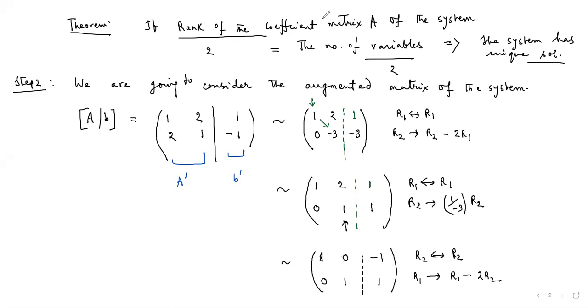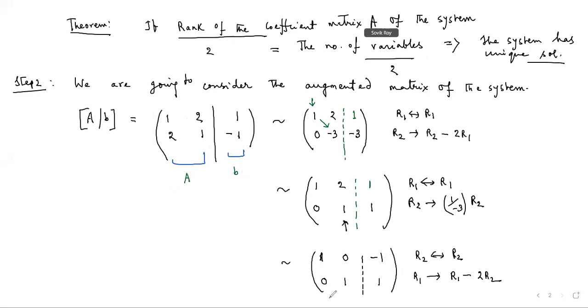So you see, I have successfully changed the given system. The given system was this: this was my capital A and this was my small b.